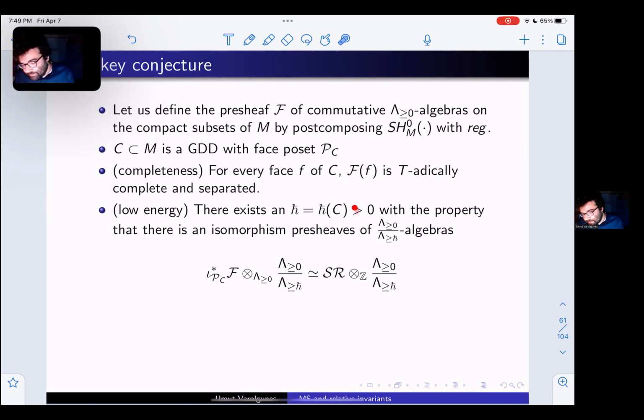I claim that there exists some hbar that depends on this generalized Delzant domain with the property that if I consider my sheaf of relative symplectic homology and just look at its values on the faces, including the entire chamber, then if I truncate everything at level hbar, that's actually a combinatorial thing.